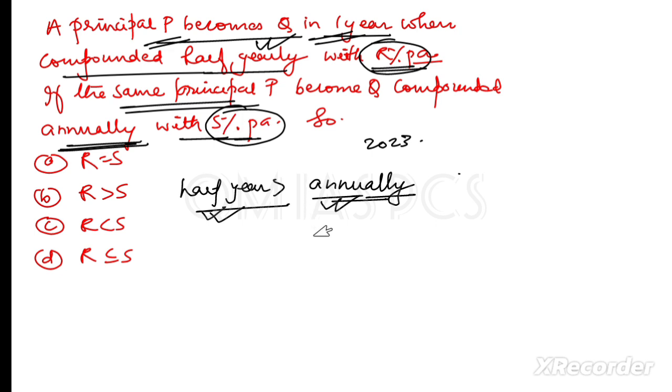That's why S will be larger as compared to R. So you have to understand this one. It is not about memorizing formulas or practicing more questions, but you have to understand the logic, where we have to apply the logic.